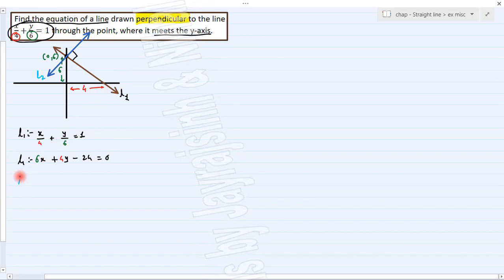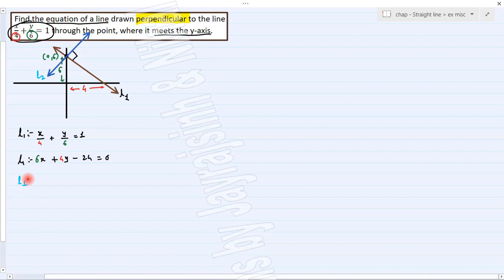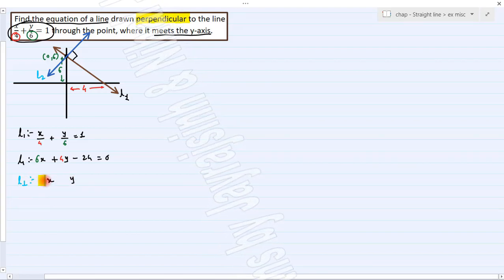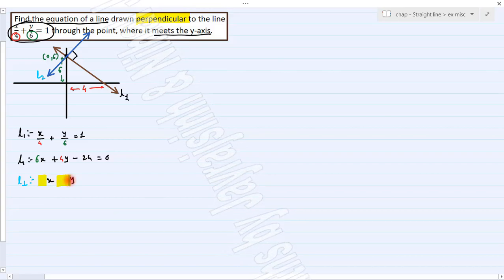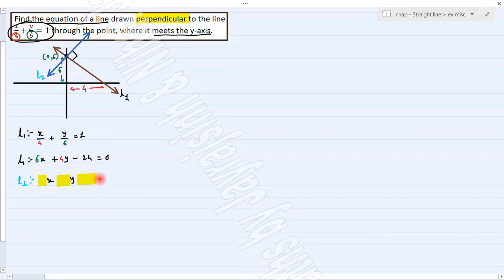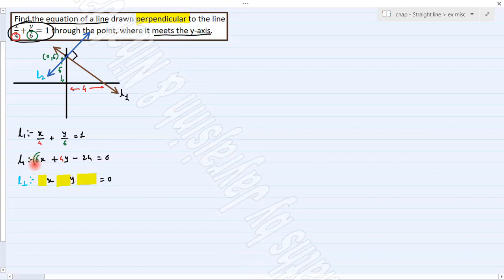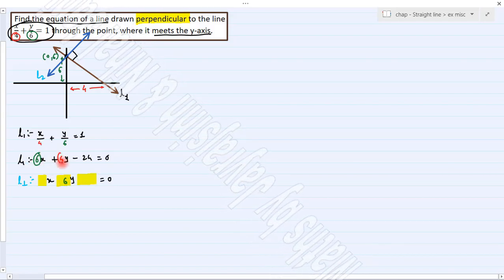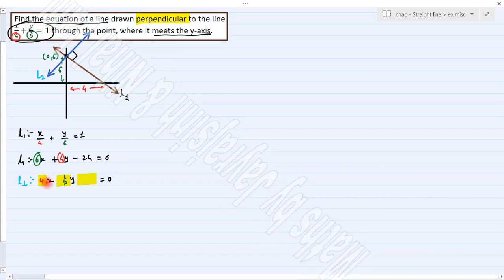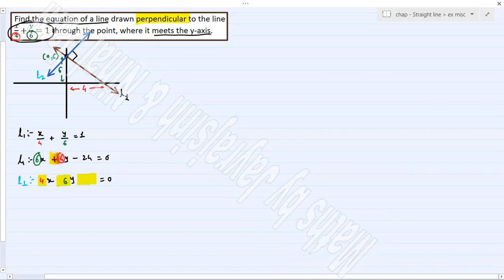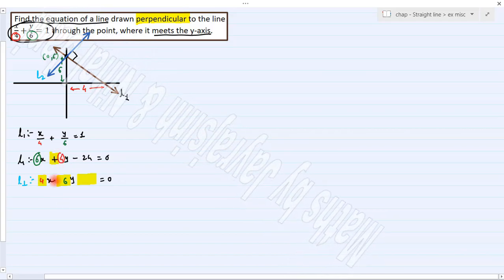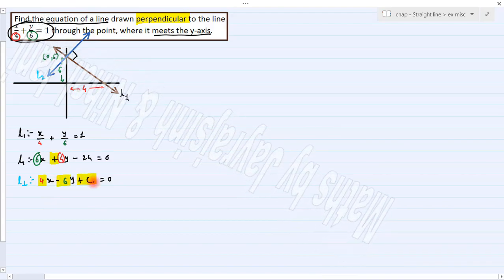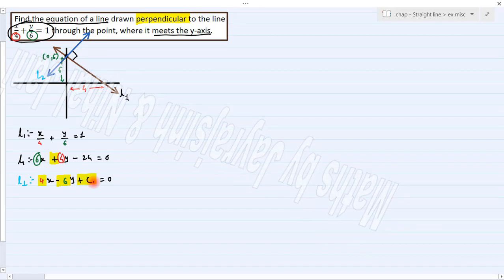So let's use the general equation of perpendicular lines. And we know that we need the coefficient of x, coefficient of y, and constant term. And for that, we just have to exchange the coefficient of x and coefficient of y and change the middle sign. We have plus, so we have to place minus. And the only unknown will be the constant term c.